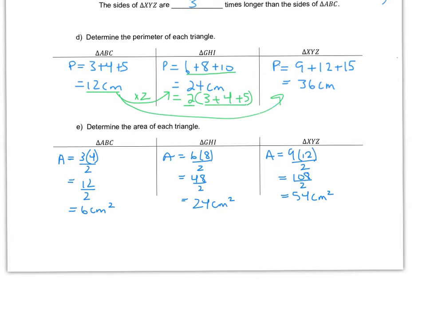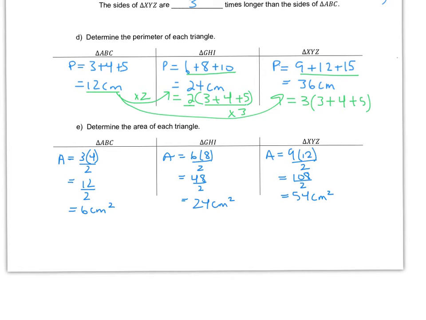Similarly, moving over here, this is multiplying the original 12 by 3 to get 36. Again, I could take a common factor of 3 out, and I'm going to have 3 times 3 plus 4 plus 5, so 3 times the original perimeter. So perimeter is directly related to the scale factor when we're finding perimeters of similar figures.